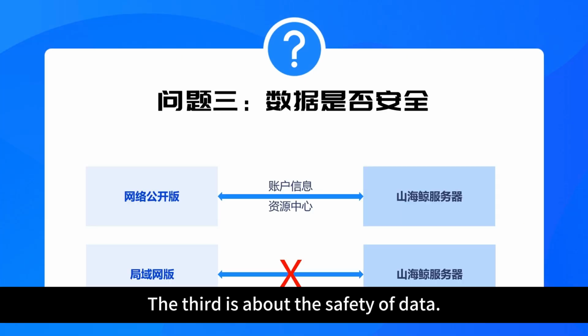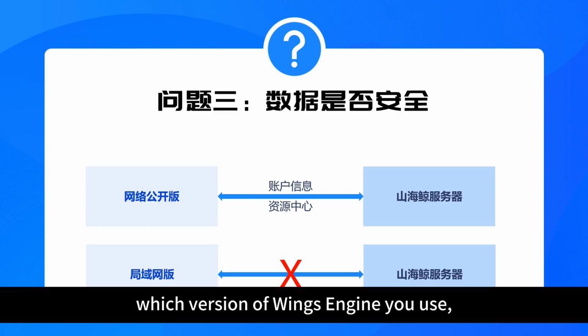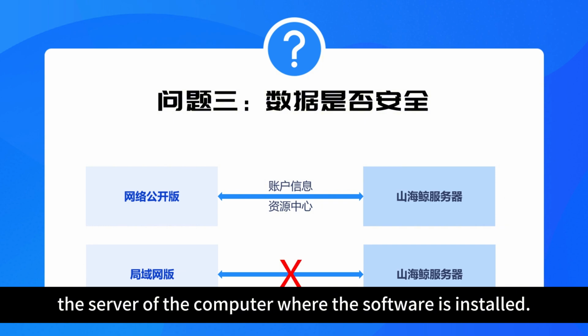The third is about the safety of data. No matter which version of Wings engine you use, all your operations are done locally. All project-related data will only be stored on the computer where the software is installed.